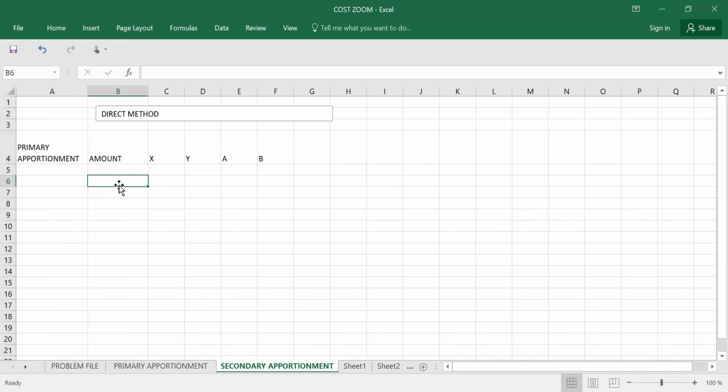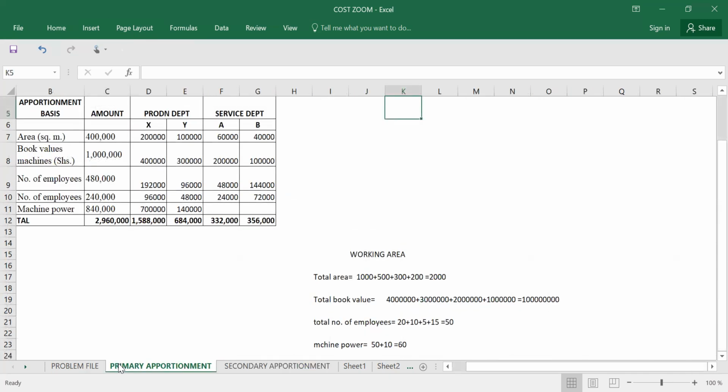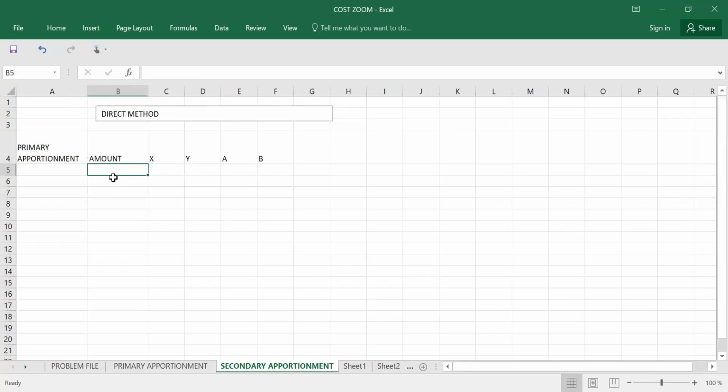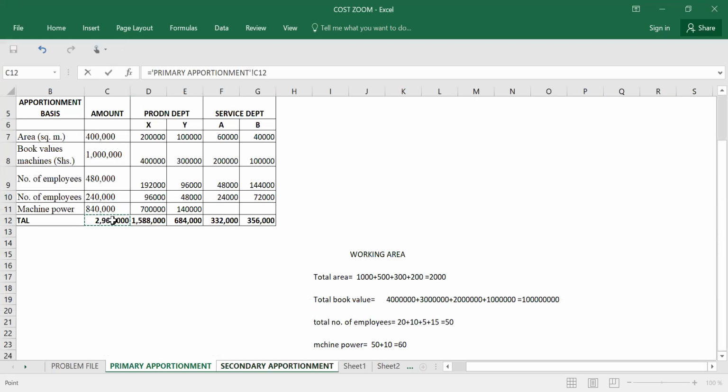Okay. So now, whatever amount we see, remember, we go back and see from the primary apportionment, we are carrying this figure. You see that figure? That's the one that we want to put here. So in other words, this will equal to that figure, because that is the total amount.